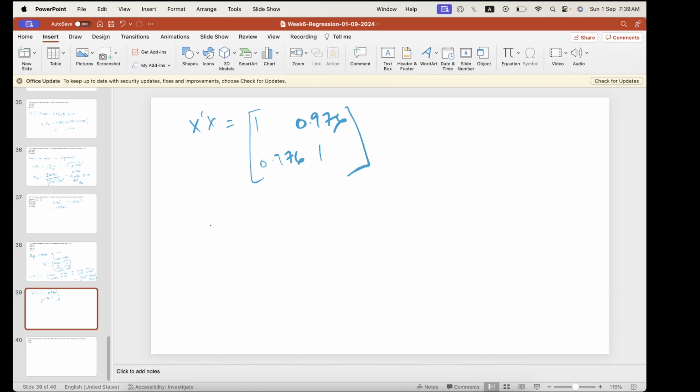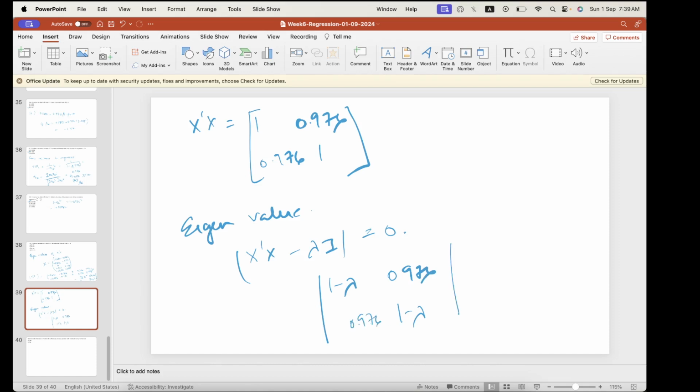Alright, now if I have to find out eigenvalue, what do I have to do? I have to see x prime x minus lambda I determinant equated to 0. So then this is 1 minus lambda, 0.976, 0.976, determinant equal to 0.